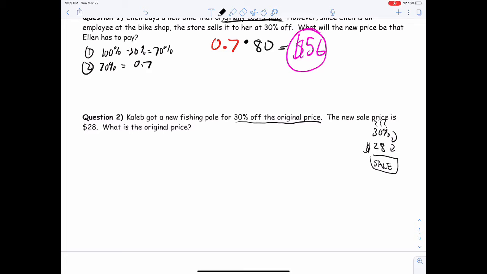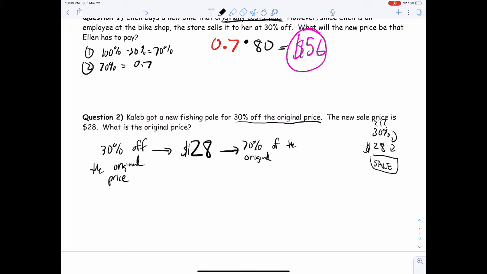We don't know what it originally cost. This makes this question very different. All we know is that the $28 is 30% off the original price, whatever it was, right? So we also know then if it's 30% off the original price, then the opposite must be true. We must know that this is 70% of the original price. That is what we know.